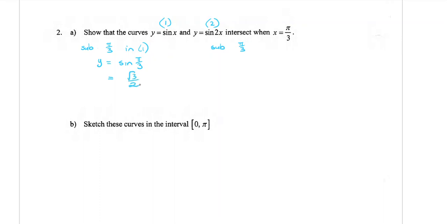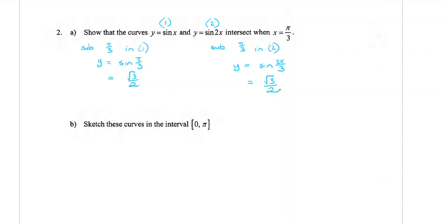Now we sub pi over 3 into equation 2, and we will get y equals sine of 2 pi over 3. Hopefully you get the same thing. Excellent. So we get root 3 over 2 for both of them, which means they are both at that exact same point.